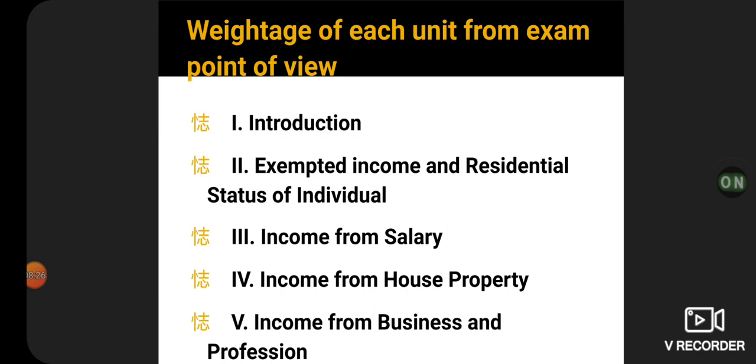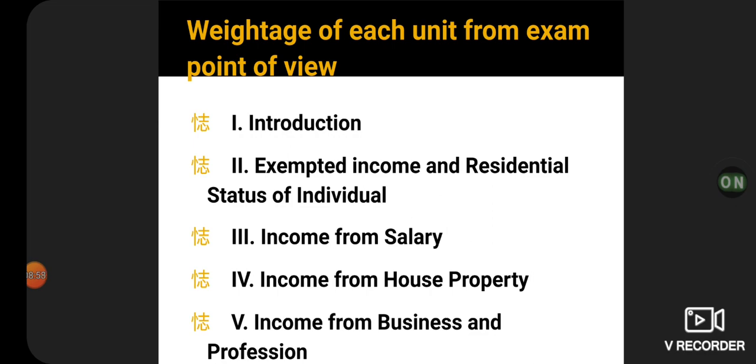Therefore, the first unit is important to understand the subject of income tax, and to understand the second, third, fourth and fifth units. The first unit is what we can call the base or foundation for all other units. But the weightage that it carries is comparatively less than the second, third, fourth and fifth units. Therefore, a 2 marks question as well as a 5 marks question is expected from this unit.